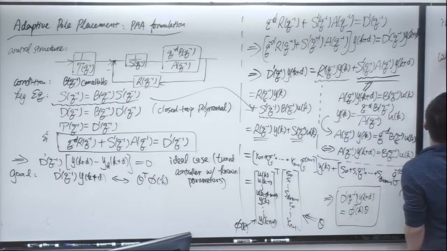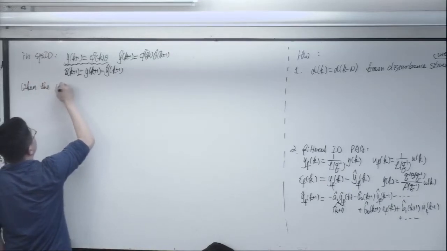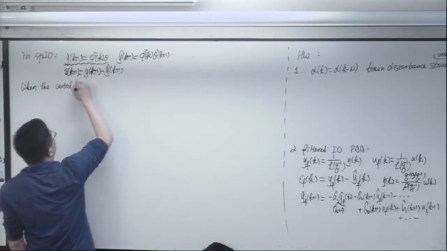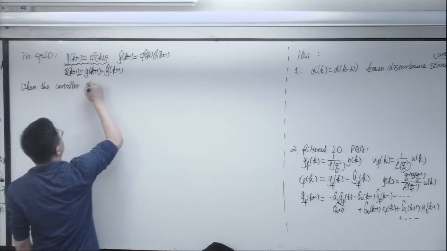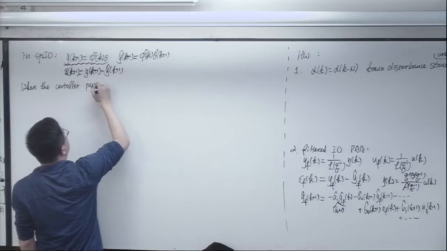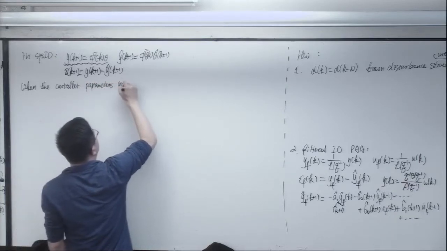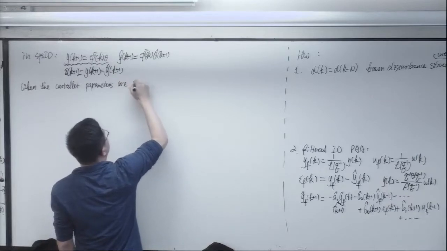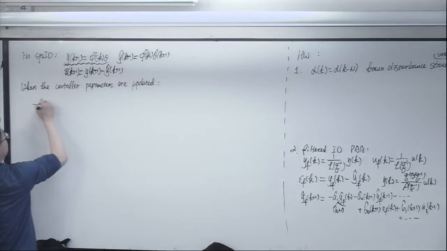So when the parameters are adapted, when the controller is updated, we're going to have something like this.